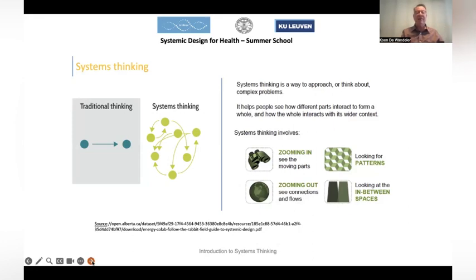That effect may be the cause of another effect. When we are systems thinking, we have to approach things rather differently, as you can see here. So one cause may have several effects in different systems.